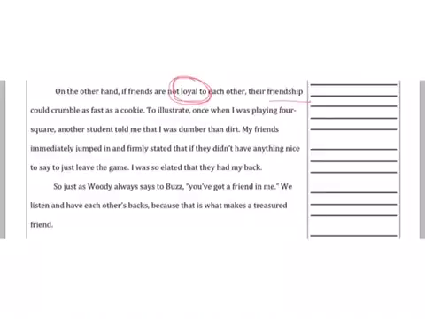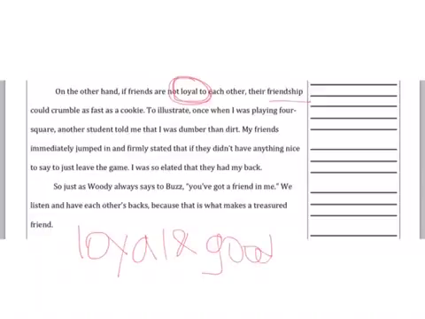My 2 reasons were being loyal and being a good listener. So today I've explained to you in my expository writing what makes a good friend with my 2 reasons right here.